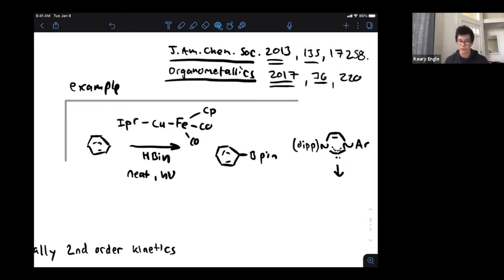And this is what Tim was alluding to, is does this process have to be 2 electron, or can it be 1 electron?